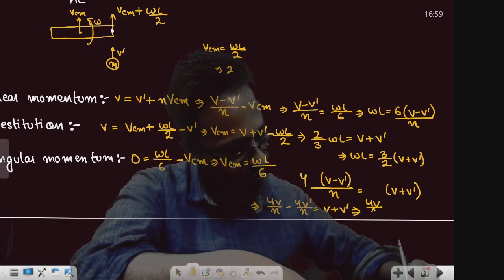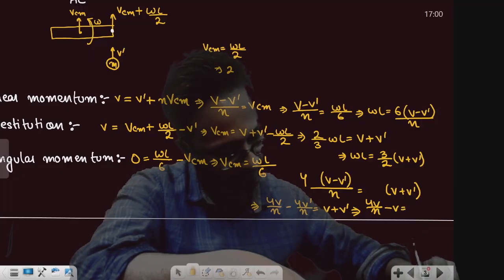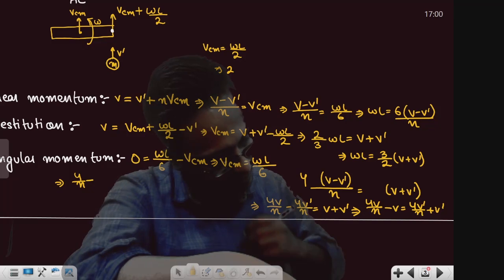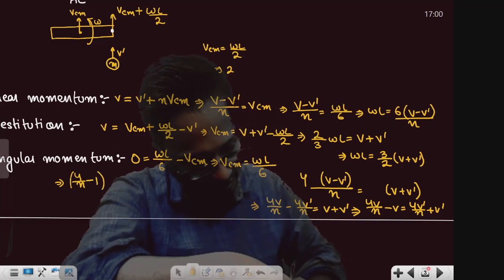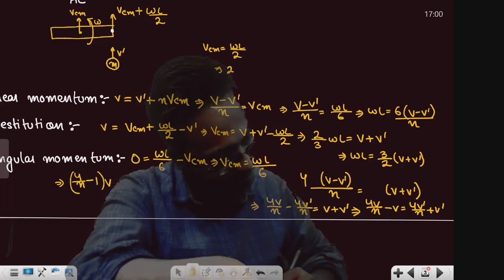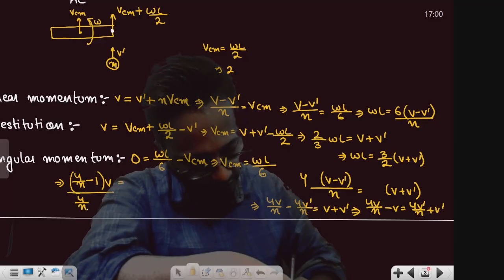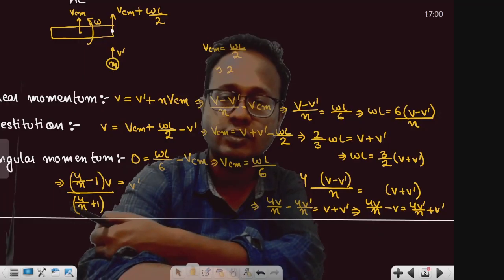So 4v by n minus v is equal to 4v dash by n plus v dash. Or (4 minus n) into v is equal to (4 plus n) into v dash. Or v dash is equal to this value. So I already got the value of v dash.